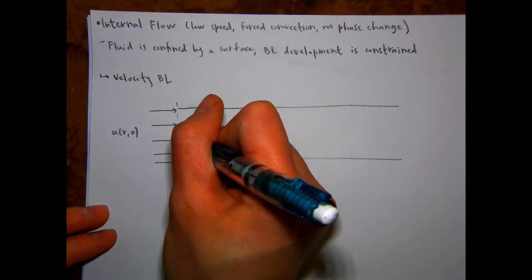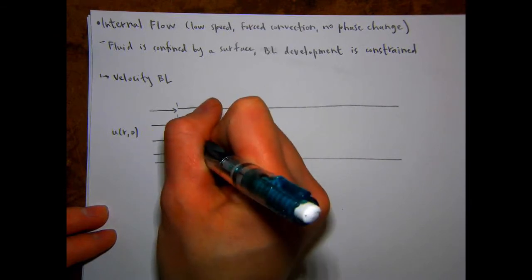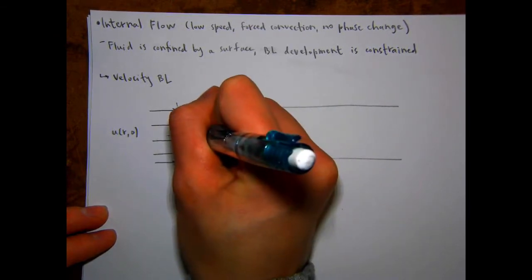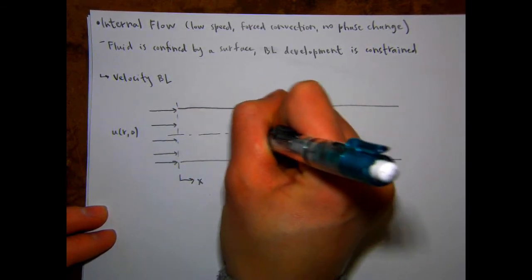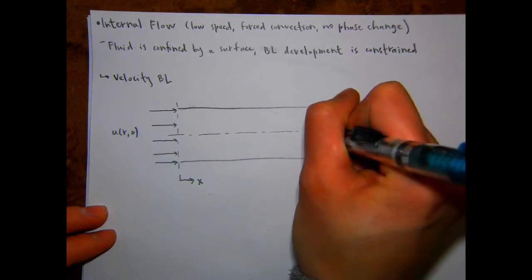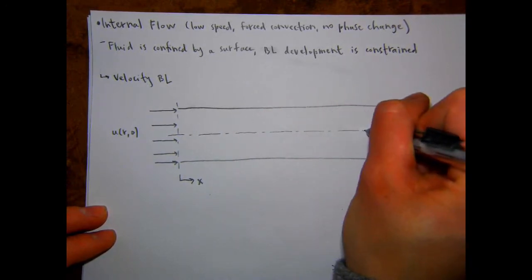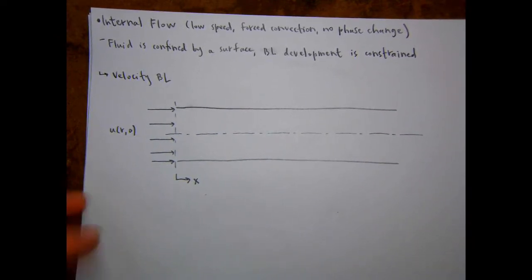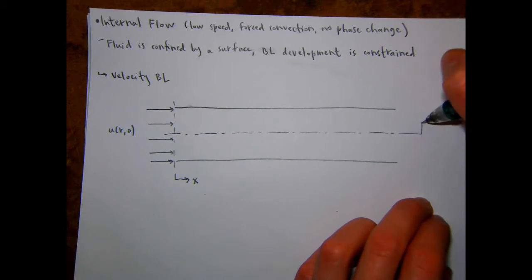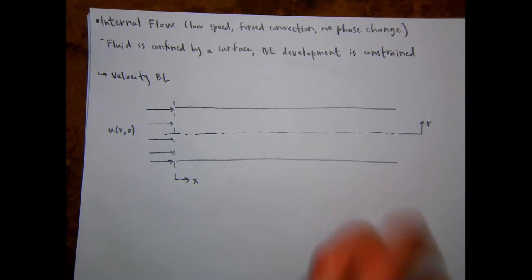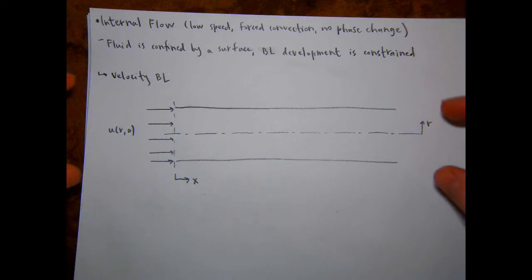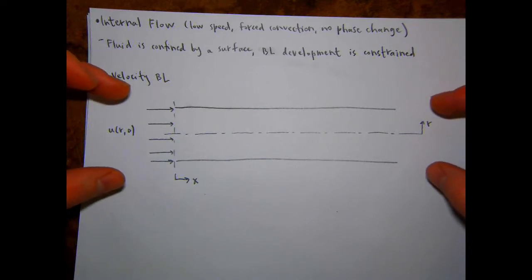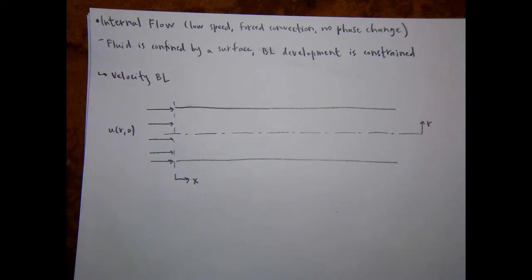All right, let's try to draw a center line. And then this is going to be our R direction, our radial direction. So again, we're looking at a pipe, a cylinder, so a circle, just cut through the middle of it.